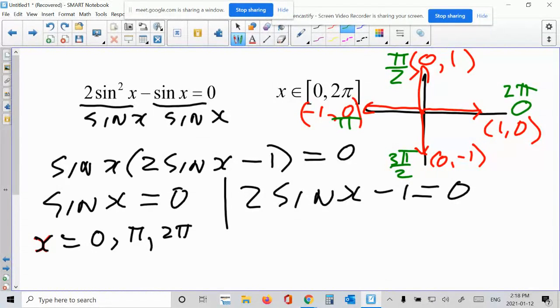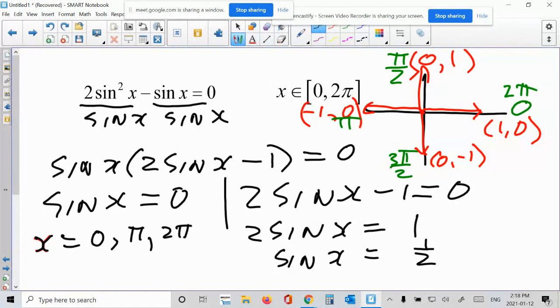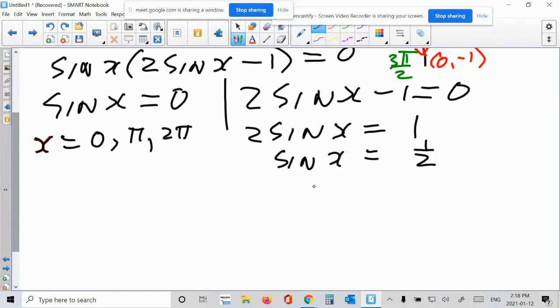Let's get to the other side. Well, we've done this before: 2 sine x minus 1. So let's just say then that 2 sine x is equal to 1, and then sine of x is equal to a half. So x is equal to sine to the minus 1 of a half.